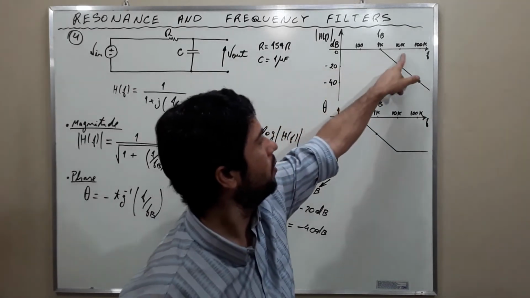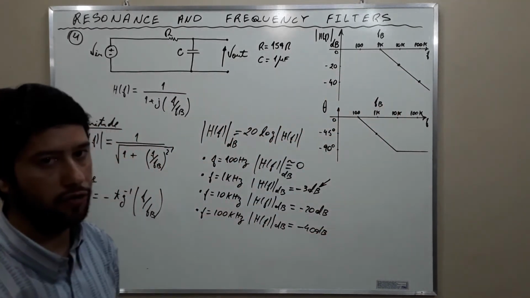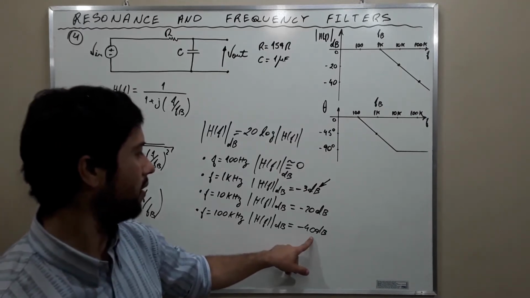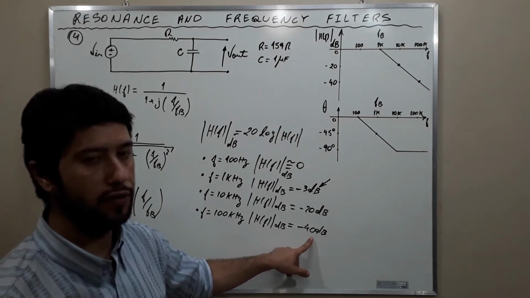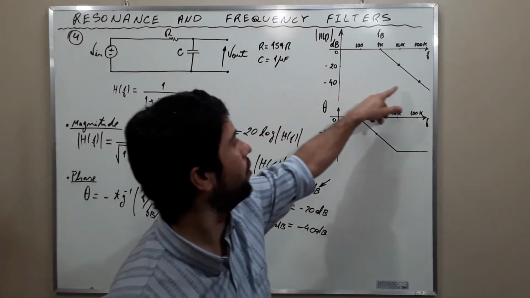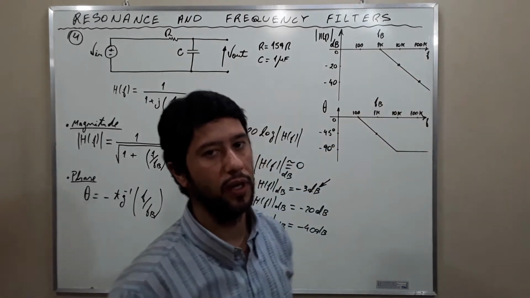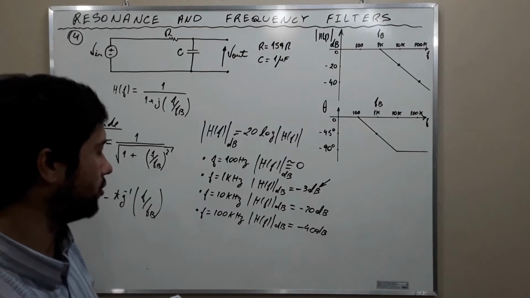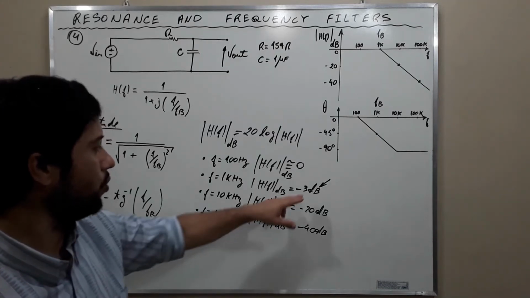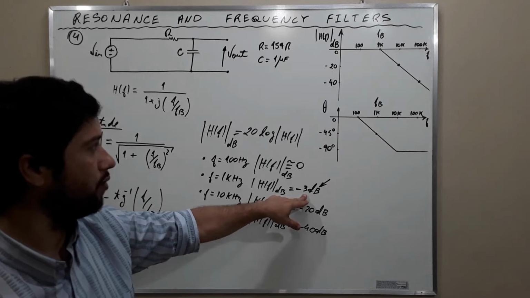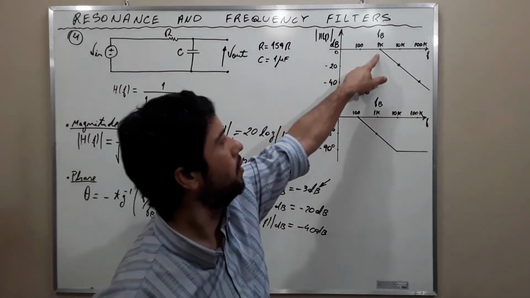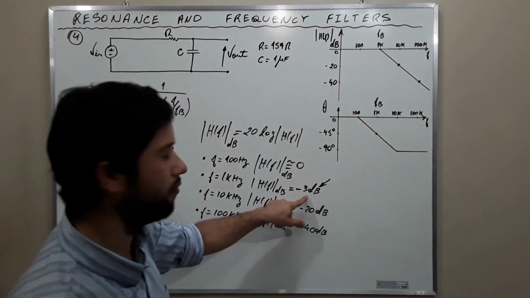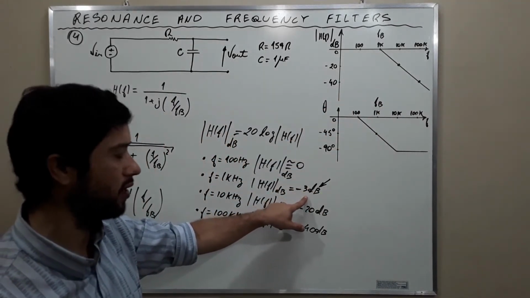For the frequency of 100 kilohertz, the magnitude in decibels is negative 40 decibels, corresponding to 100 kilohertz. But we have here negative 3. Here it is 0 at 1 kilohertz, and we've found negative 3 decibels here.